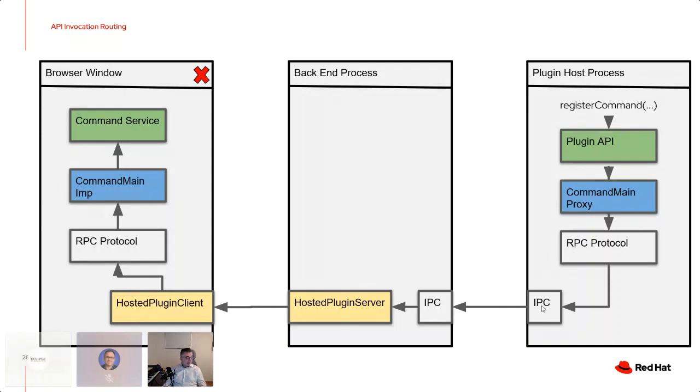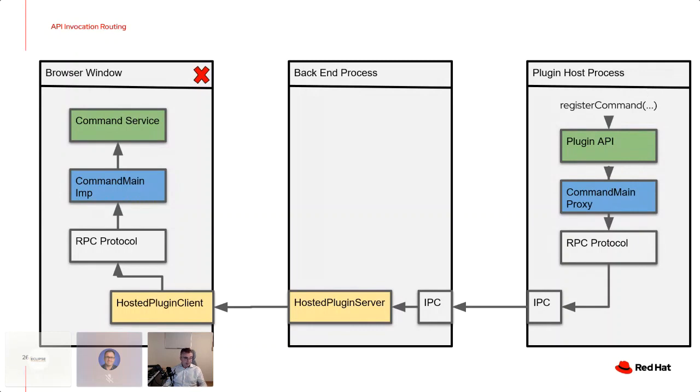Then that message is passed via inter-process communication to the backend process, and then to a backend service, which calls a front-end service and just passes the message on to another instance of the RPC protocol, which decodes the message and invokes a method on the command main implementation, which then hooks into the command service.